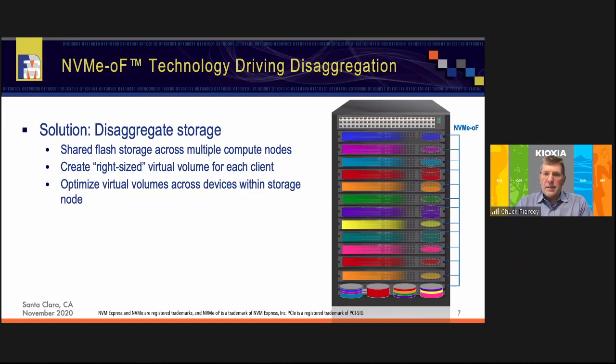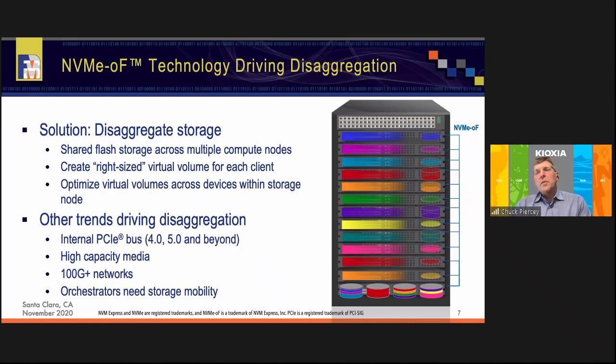There are several other technological trends that are further driving disaggregation. First, the PCI bus itself. With the advent of PCI Gen 4, most servers can now deliver 16 gigabytes per second internally in terms of throughput, removing internal I/O bottlenecks. Second, the storage media itself.